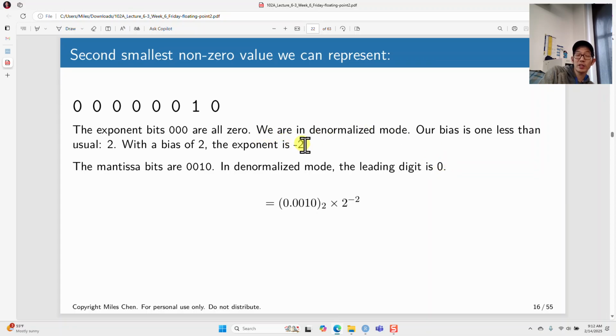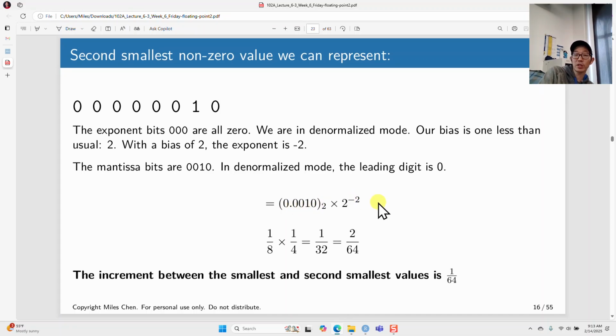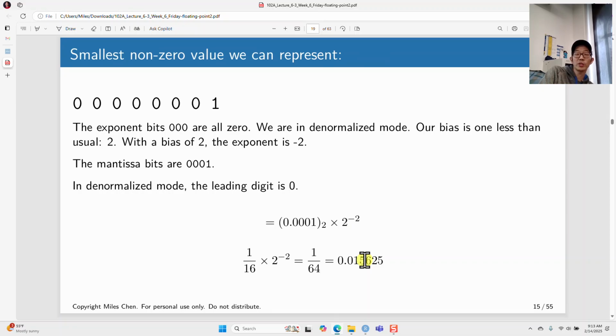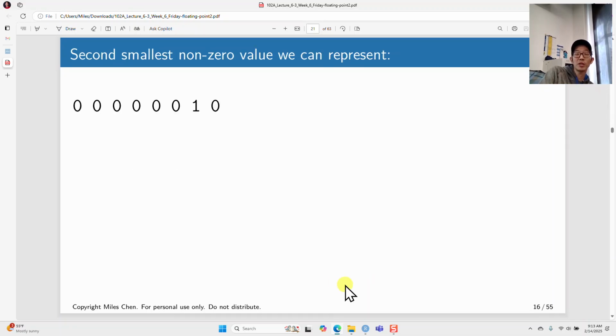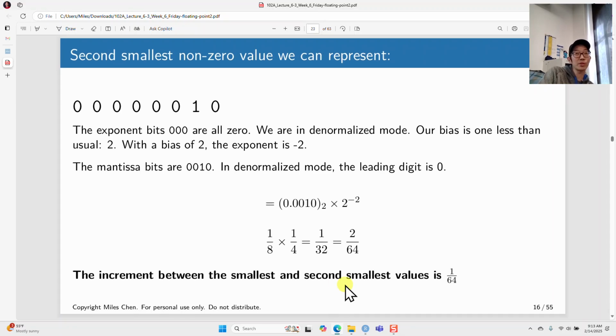My mantissa bits are 0, 0, 1, 0. And in denormalized mode, the leading digit is 0. So we're going to have 0.0010. That's 1/8 times 2 to the negative 2. That's going to be 1/32 or 2/64. So my smallest number is 1/64. My next number is 2/64.